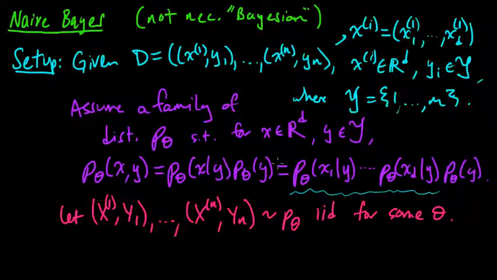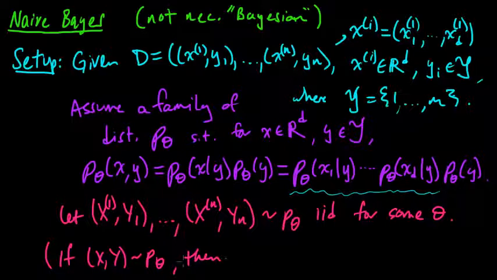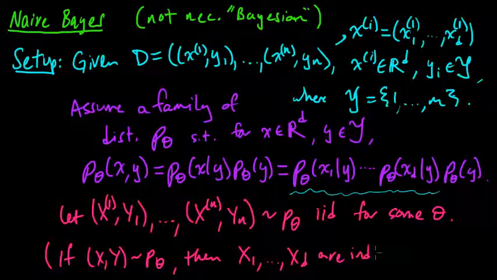So this assumption, that the probability of x given y factors in this way, is the same as saying that if (x, y) is distributed according to p theta, then the coordinates x1 up to xd of this random x are independent given y.